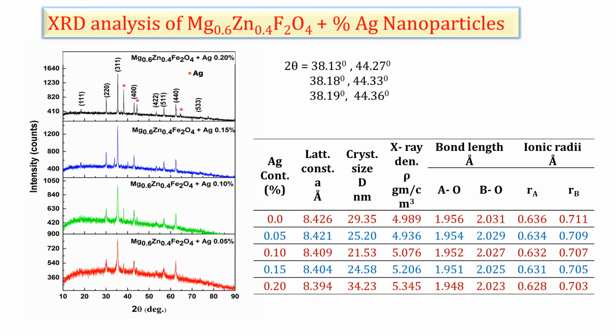The crystallite size of MgZn ferrites shows an initially decreasing trend and then an increasing trend. There is no linear variation of the crystallite size. Here the X-ray density of the ferrite increases with increasing Ag content. Bond length and ionic radii also show the same trend as the lattice constant.